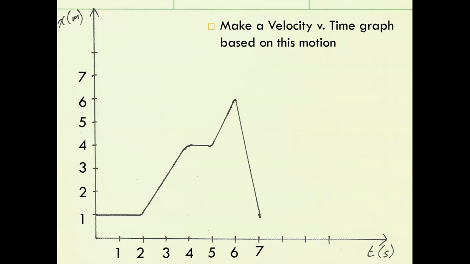Now I got a task for you guys. Whiteboard tasking. Whiteboard tasking means that you get together in your little groups, you get the whiteboards out, and you do the task. In this particular case, the task is make a velocity versus time graph based upon this motion.